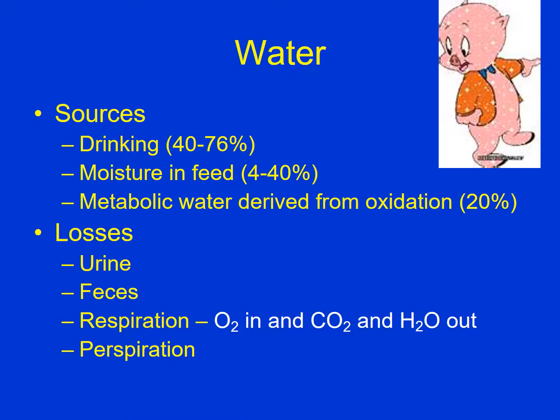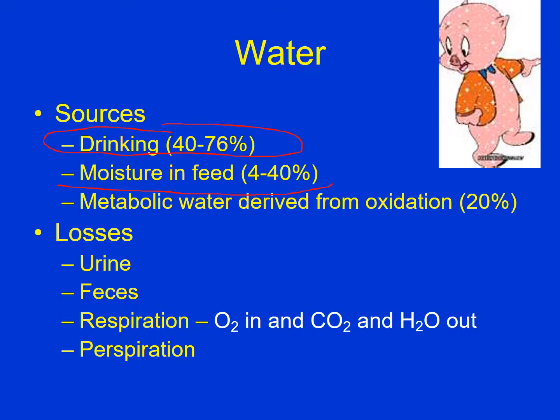So where do animals get their water from? Well, naturally we think of drinking water, but that might only supply 50% of the water that an animal takes in. Moisture in feed for that daily ration can vary greatly.